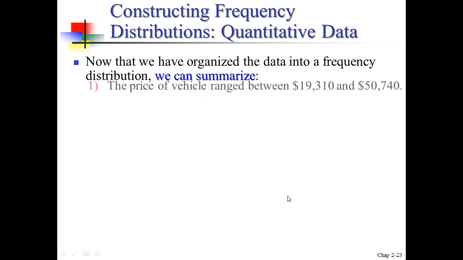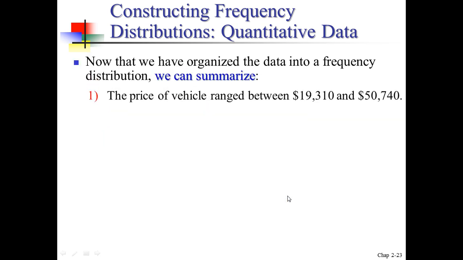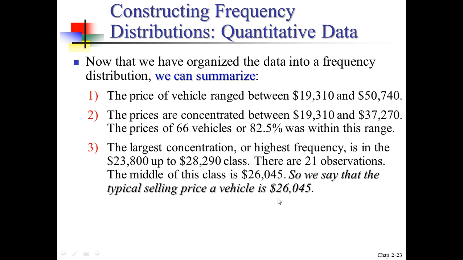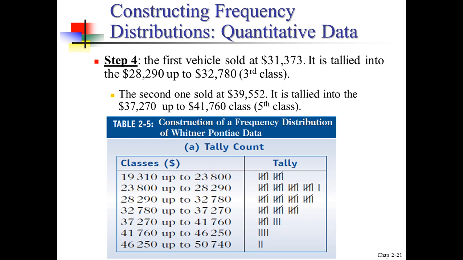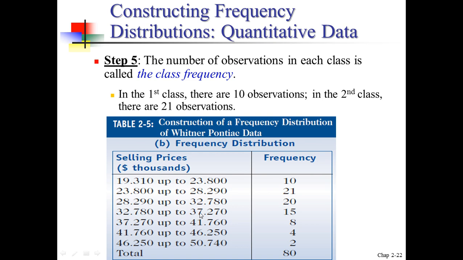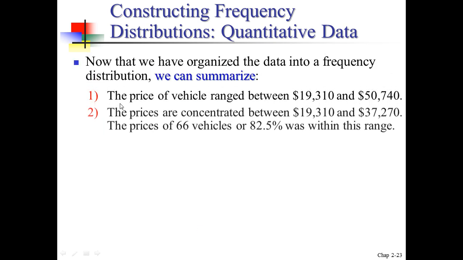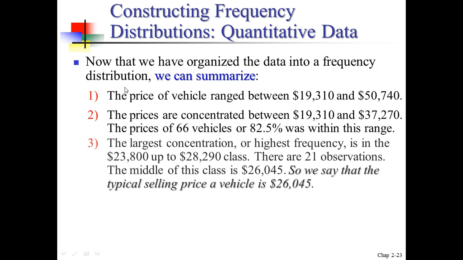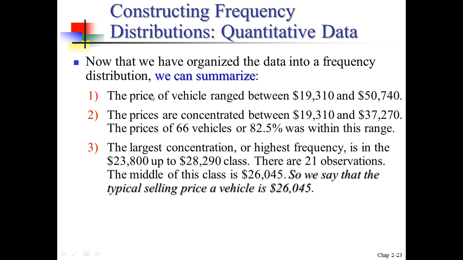So, how to summarize, how to interpret, how to explain? Yes, you can use 3 points here. You may ask me, do we need to use all these 3 points every time? No. It depends on your table. Some tables maybe you do only 2 points. This one will always be used.